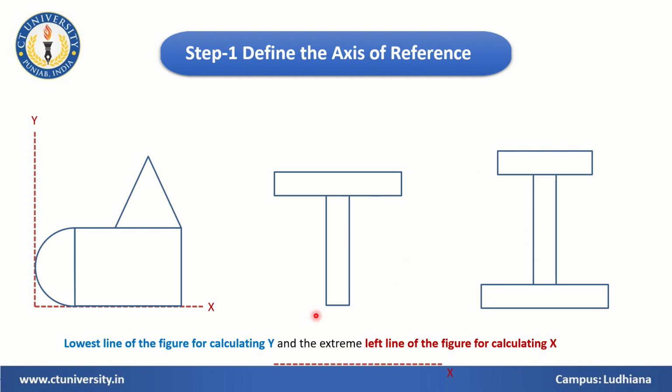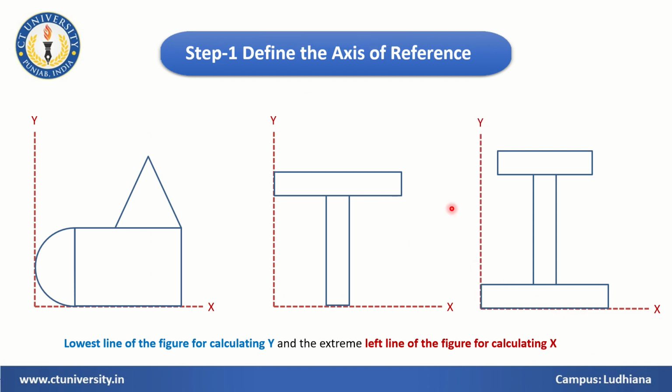The extreme bottom part will be the first axis, and the second axis will be this line, right? The lowest line of the figure and the extreme left line of the figure. Similarly, for I section, it will be here and this point, right? So this is the first step, defining the axes for any given shape. You will be given a shape with the dimensions. So the first thing is you need to define the axes, right?